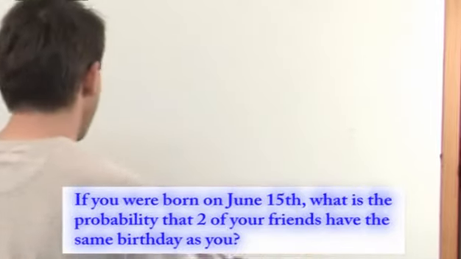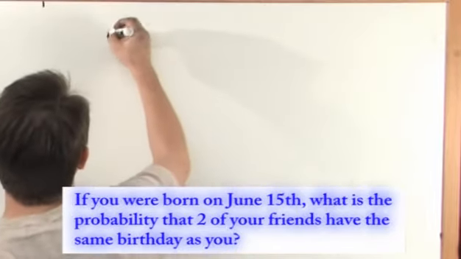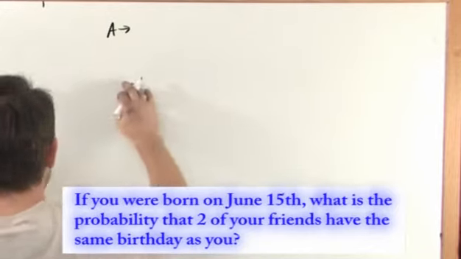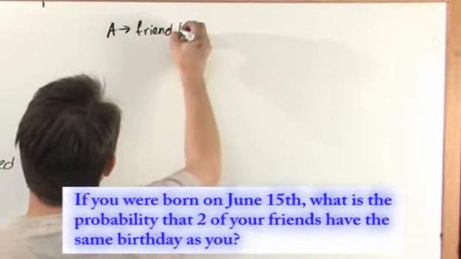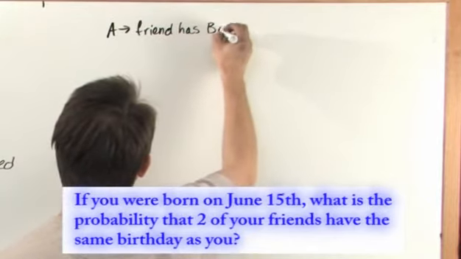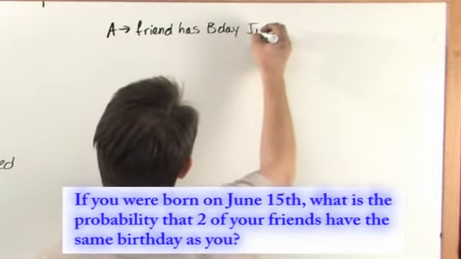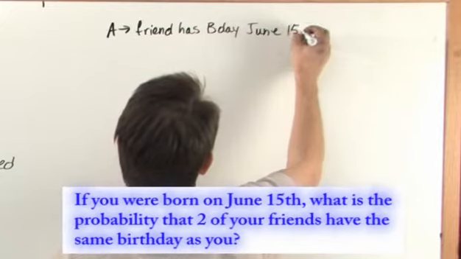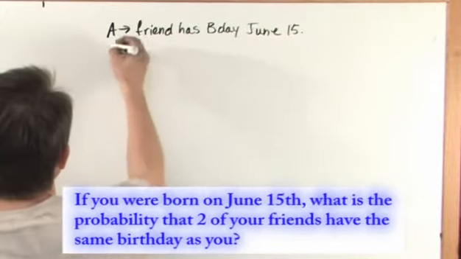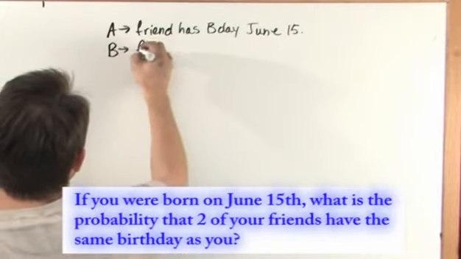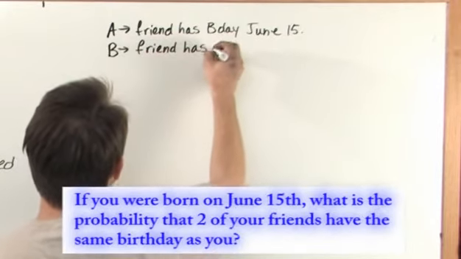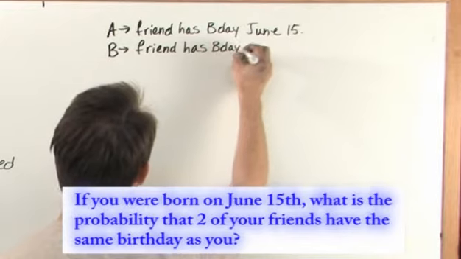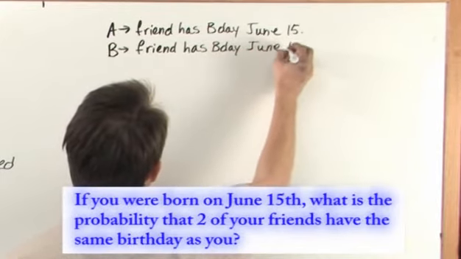Just like I start all of these problems, the first thing you do is write down your events. Event A: your friend has a birthday on June 15th. Event B: your other friend, these are two different friends, has a birthday on June 15th.